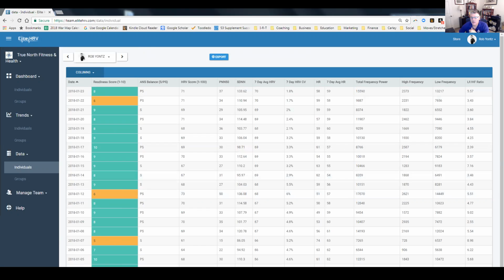My heart rate, a couple of days I've done really well. I love having it right down in the 50s. This was awesome these days, and then it jacked back up a little bit. So anything can cause that. It's the long-term trend that matters. My brain engages sometimes, so I can compare where I am here with the stress number and see that my HRV was down a little bit with my heart rate up a little bit.